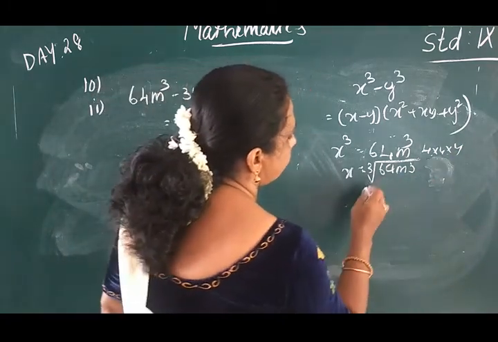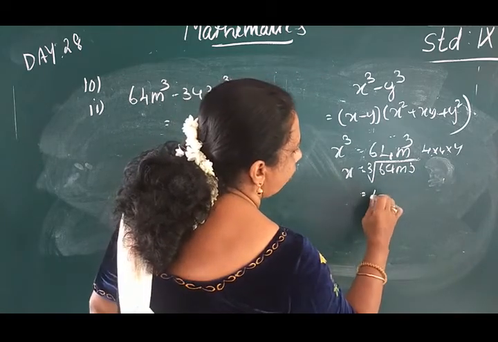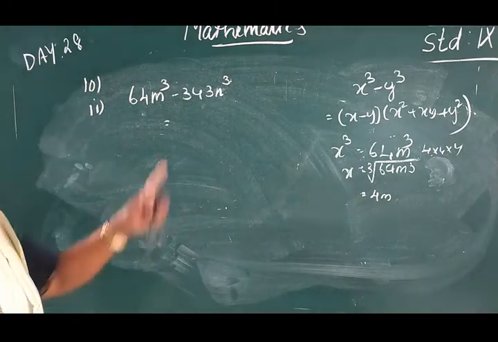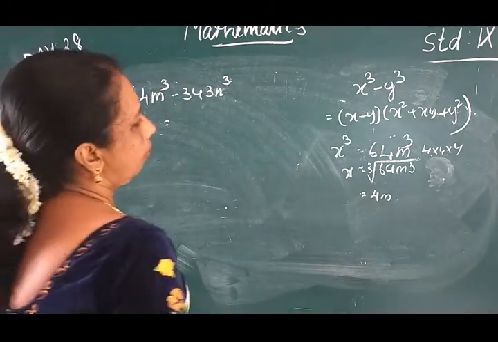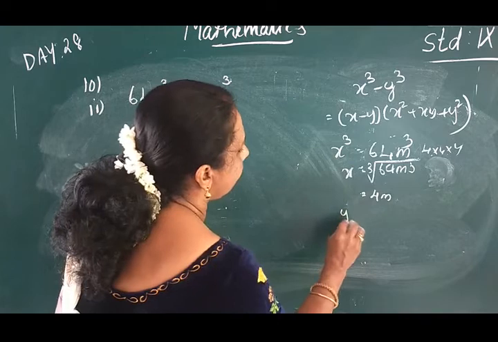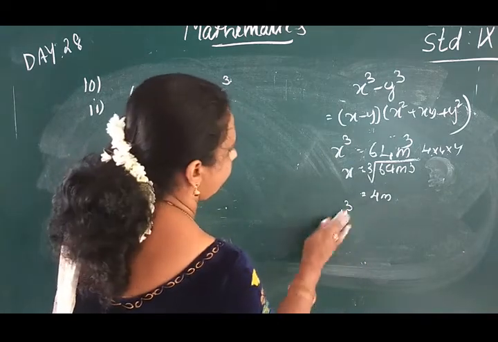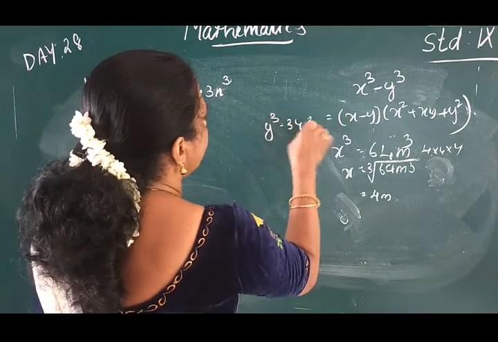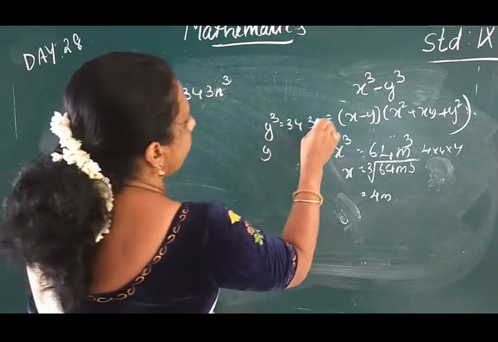So the cube root is 4m. Similarly, y cube is equal to 343 n cube.